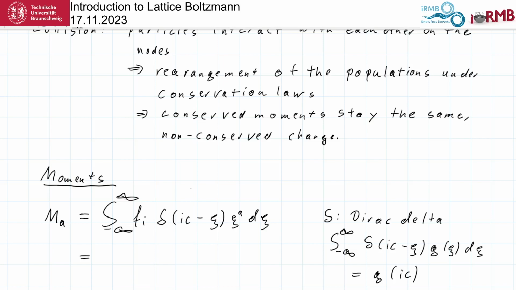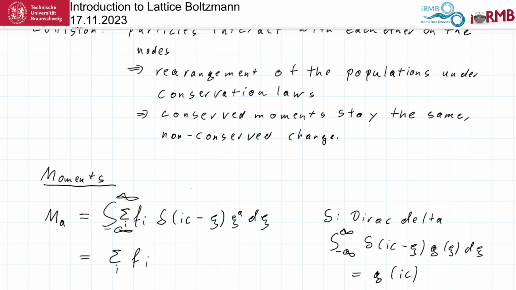So we get 3 of them. It will turn out to be f_i, all the f_i. Maybe, to be a little bit mathematically more correct, forget about Einstein summation.